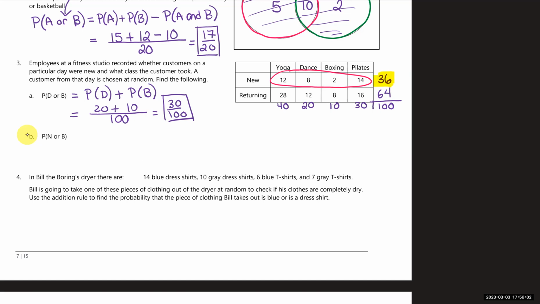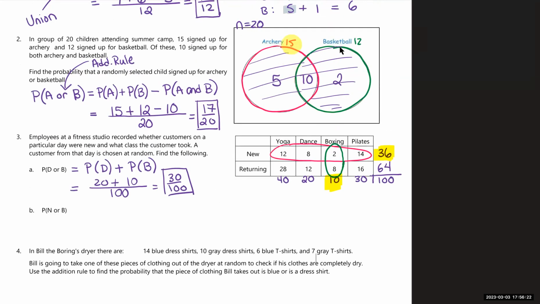And then if I circle the boxing people, so we'll be doing or, and we know we'll be looking at those two groups and combining them to count how many people were part of one or the other. So the numbers on the outsides of the table, the column sum and the row sum, are like the totals on the outside of a Venn diagram. So the totals of the two events.